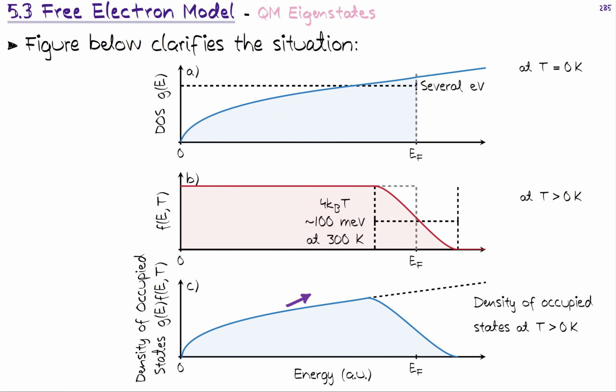And then the final picture here is the density of occupied states. So we are multiplying the density of states G with the Fermi-Dirac distribution, and we end up with this density of occupied states. And at a finite temperature, we see this blurriness taking place near the Fermi level. So the middle one is the Fermi-Dirac distribution. Do not forget that.